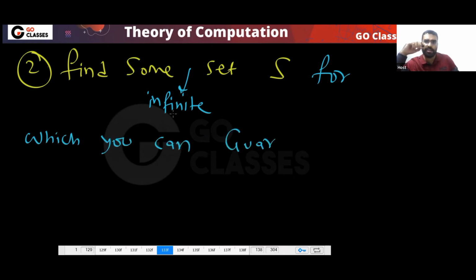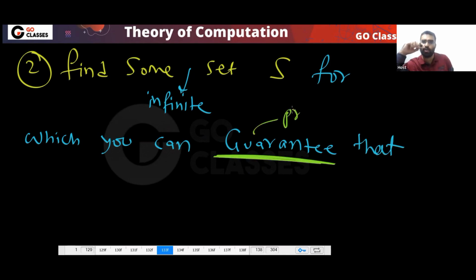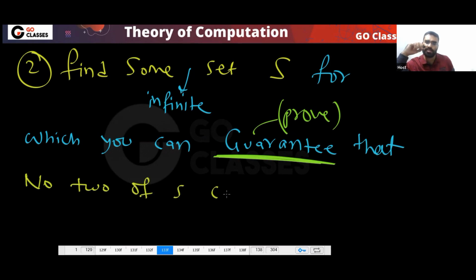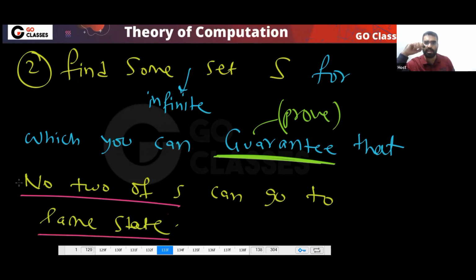For which you can guarantee, or I can say for which you can prove, that no two strings of S can go to the same state. Correct? Yes or no?